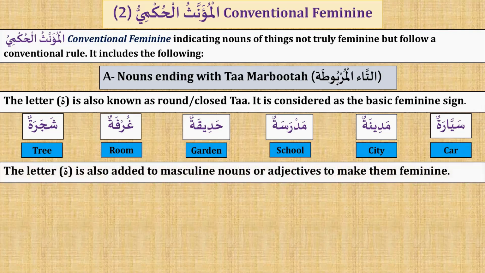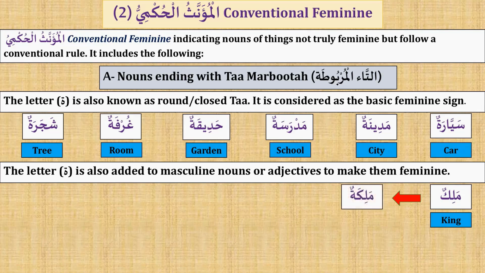The letter ta is also added to the masculine nouns or adjectives to make them feminine. Examples: Malik is king, and it is made Malikatun by adding ta marbuta, and it means queen. Malikun, king, and Malikatun, queen.